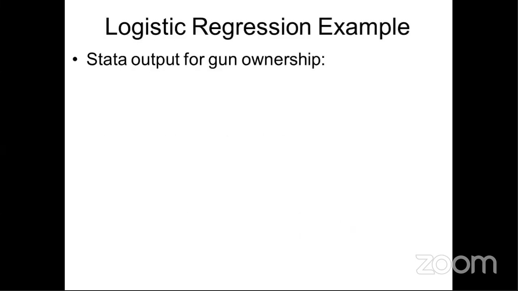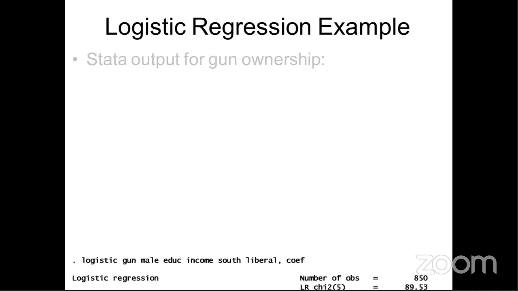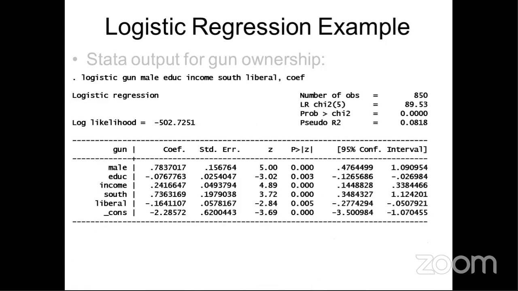Now here we have one Stata output related to a gun example, that is, people owning a gun or not owning a gun. This is related to American economy data. Whether a person owns a gun or not is determined by several factors like gender, level of education, level of income, and also the region. For example, whether south and north households have the same probability of owning a gun or not.